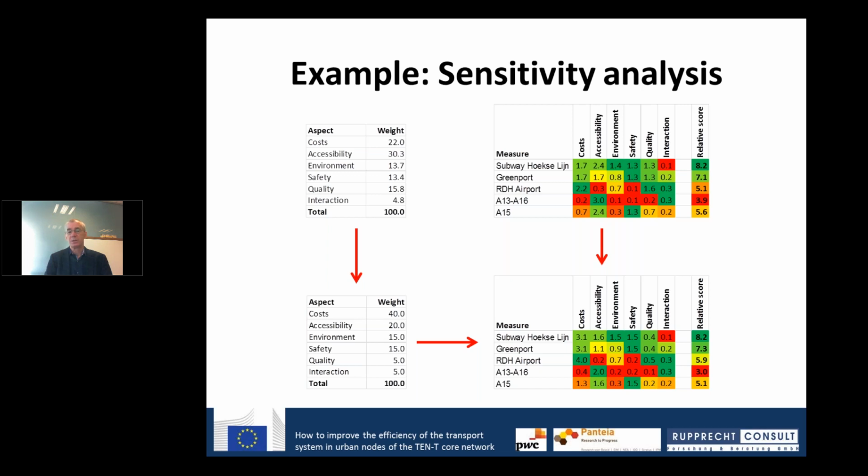The subway Hoekse line is still scoring the best, while the A13, A16 scores least. On the other hand, something has happened. The Rotterdam The Hague Airport and the A15 swapped places. So it does have some effect, and especially if the list of measures is much longer, then it will certainly have effect. But looking at the policy measure that scores least and the policy measure that scores best, nothing happened at all.